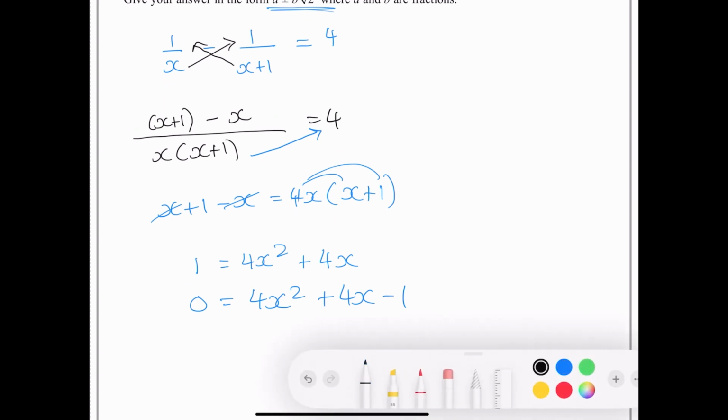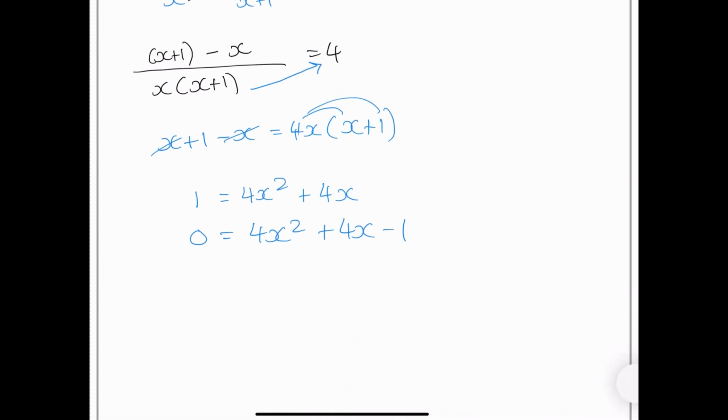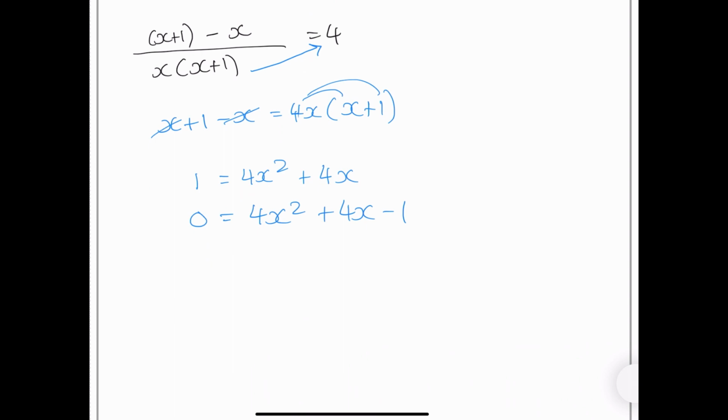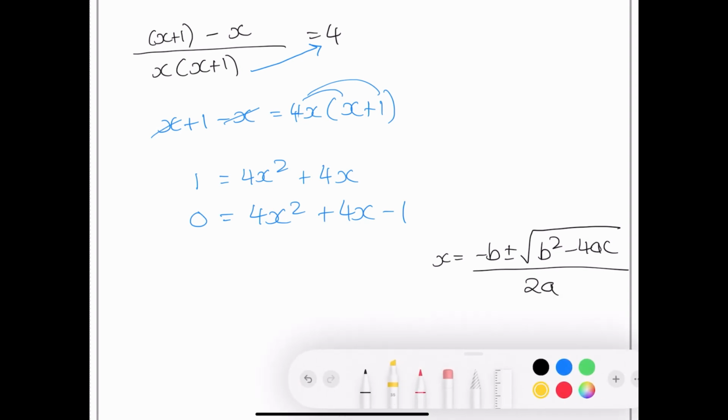We know in our quadratic formula that if things equal 0, then I can use x equals minus b plus or minus the square root of b squared minus 4ac all over 2a. So let's do some highlighting. B would be 4.